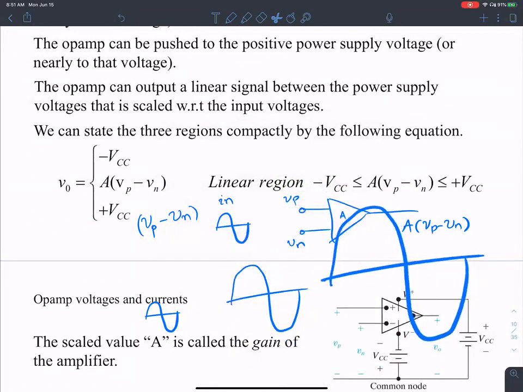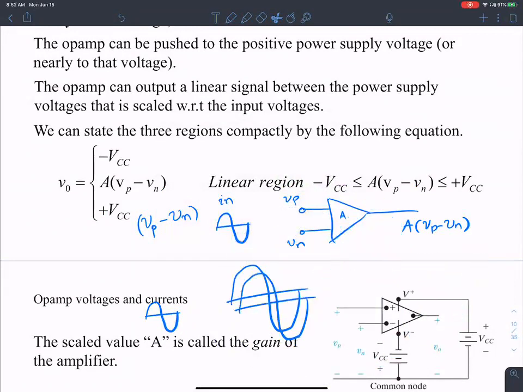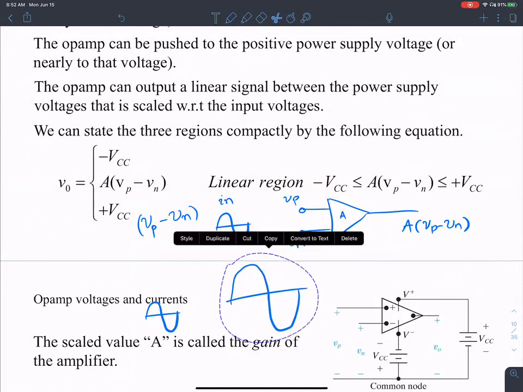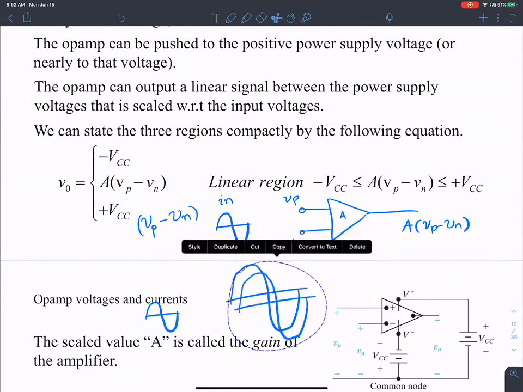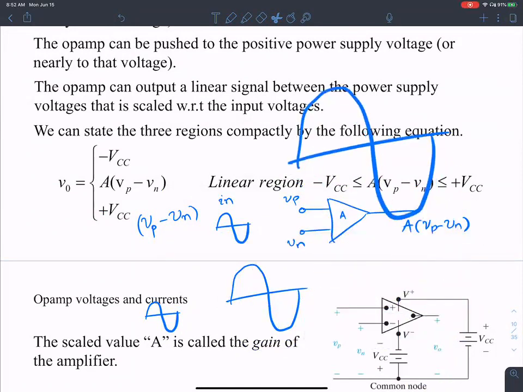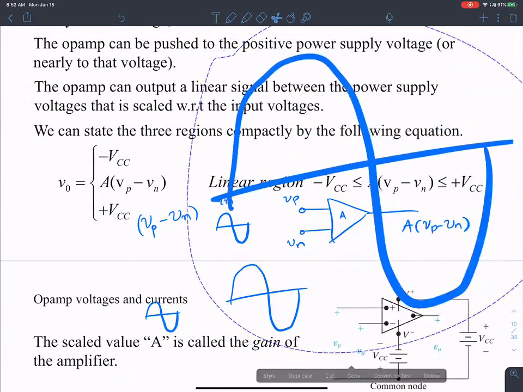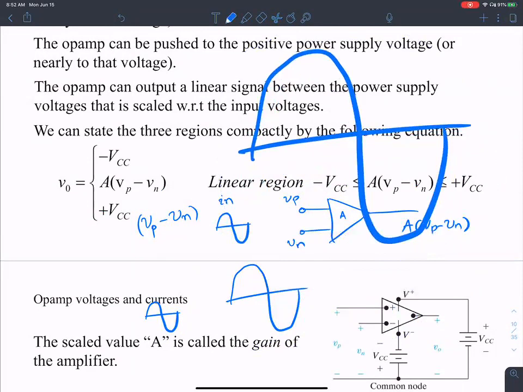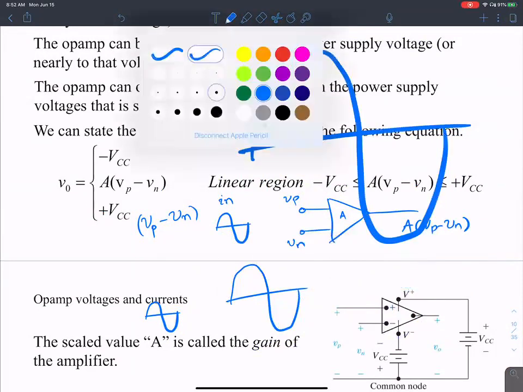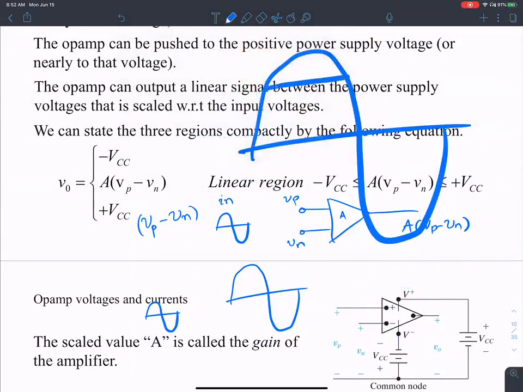When the value of A is increased, the resulting output becomes much higher. But at some point, the real ceiling to this is supplied by the power supply VCC, or the negative power supply, negative VCC.